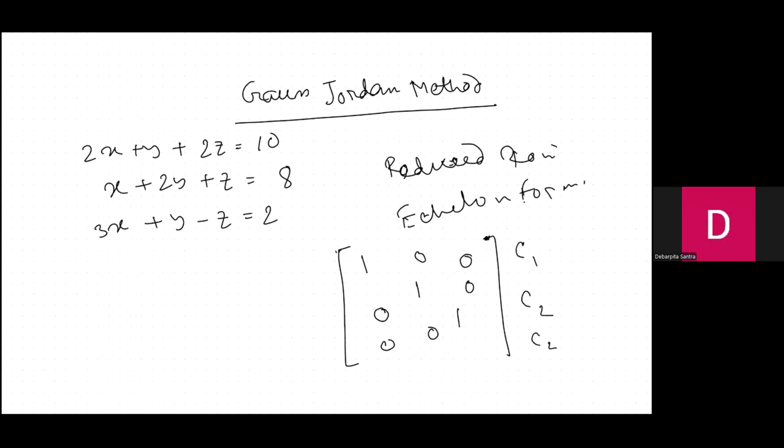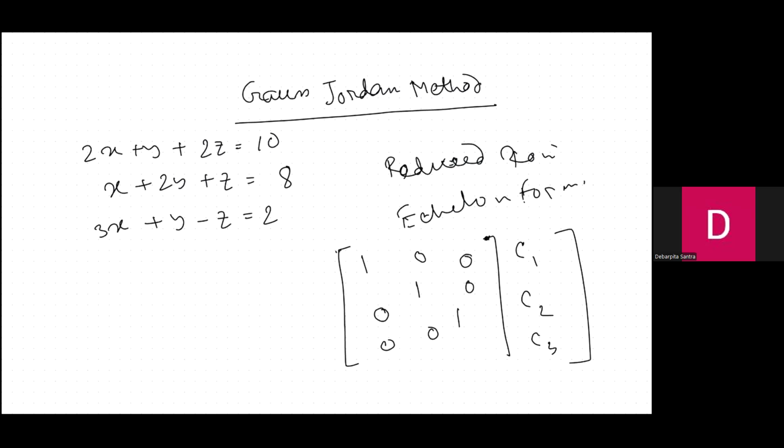So we just have to make the diagonal values 1 and the other values 0. That is our objective, and it is found using only row operations, nothing else.